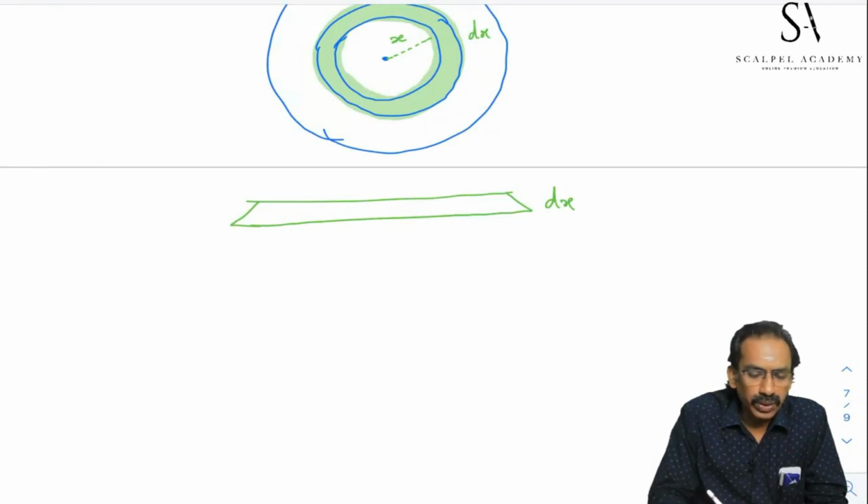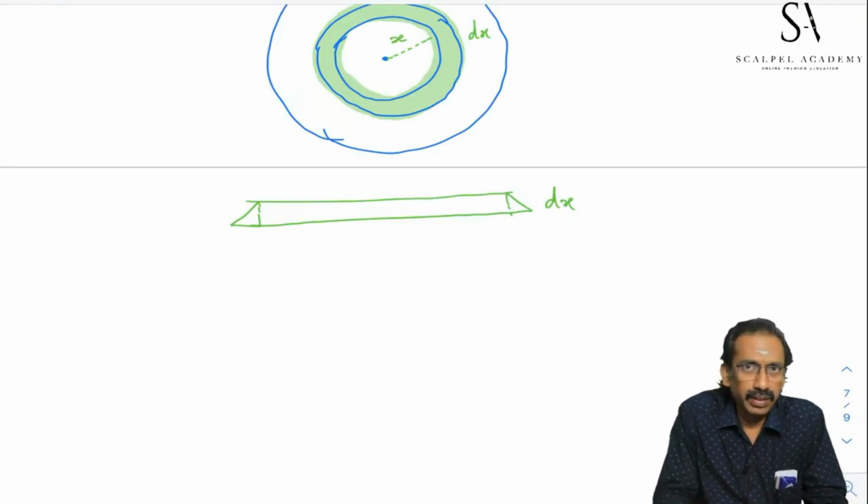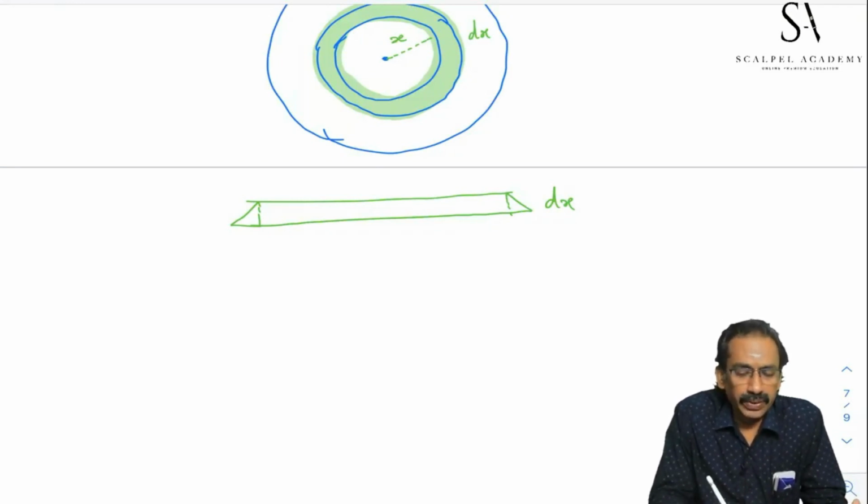At that time, this element area is the sum of two triangles and one rectangle. If delta x tends to 0, then the area of the triangles can be negligible. Only you can consider the area of the rectangle.